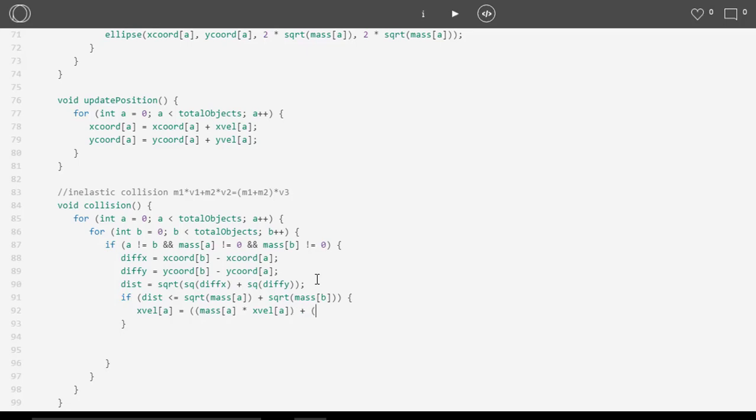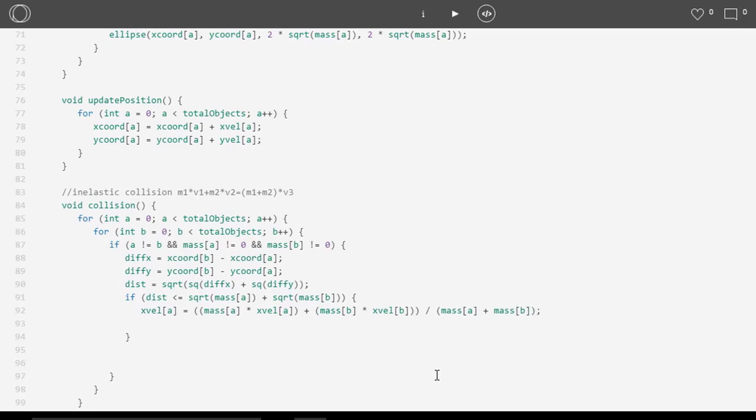let's parenthesize all this just to be sure. Computers do obey order of operations, but I like to be absolutely certain just to avoid errors, because sometimes my brain doesn't do order of operations correctly. Divided by the mass of A plus the mass of B. And then basically the same thing for the y velocity.